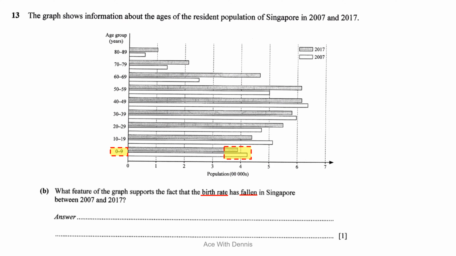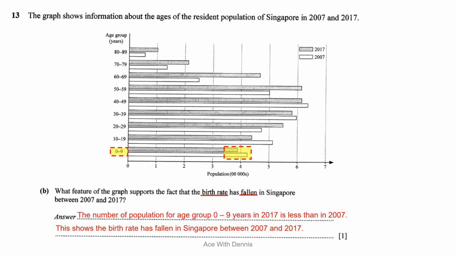We will compare the gray bar and the white bar, and we can see that the gray bar is shorter than the white bar. So the number of population for age group 0 to 9 years in 2017 is less than in 2007. This shows the birth rate has fallen in Singapore between 2007 and 2017.